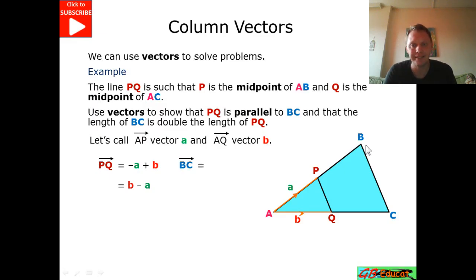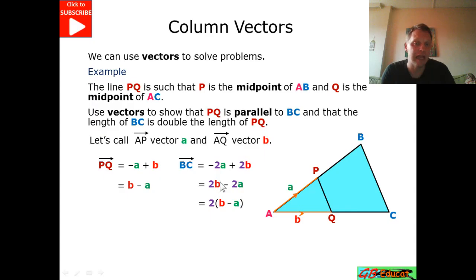To get from B to C is going to be negative 2a, because if P is the midpoint of AB, that means this length here must be the exact same as this length here. And exact same for Q, this length of AQ must be the same length as QC. So I've got negative 2a plus 2b to get from B to C.